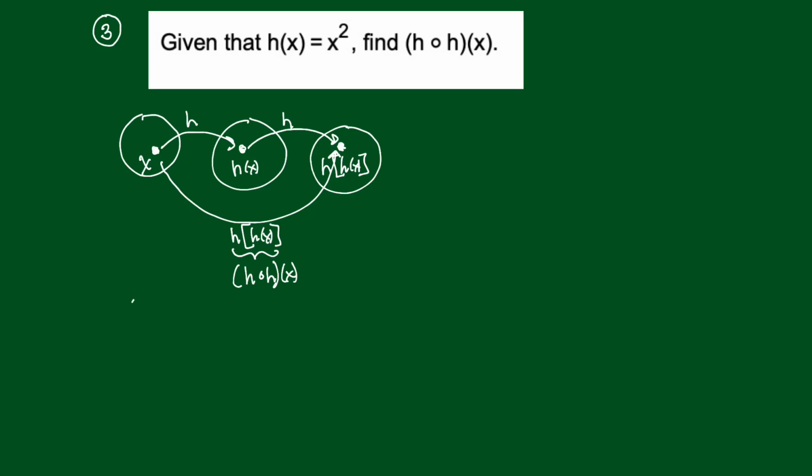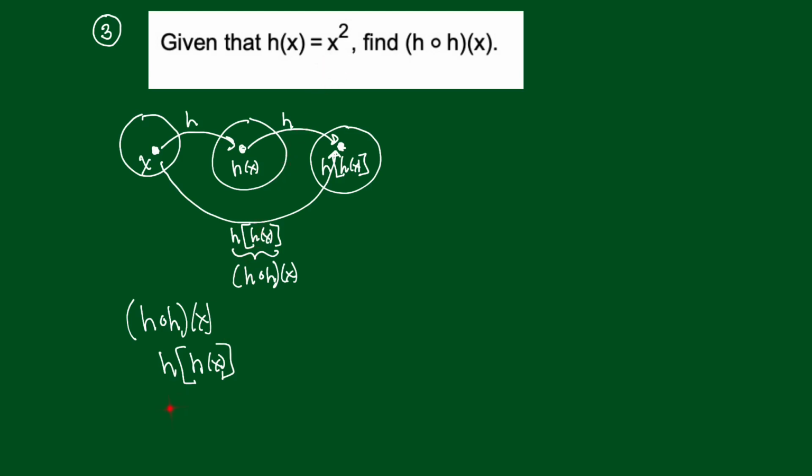We are going to get h of h of x. Now translate it. Just read it and write what you read. h of x. Now this says put x into h. Well, the rule is right here. If I put x into h, I get x squared. So h of x is just x squared.